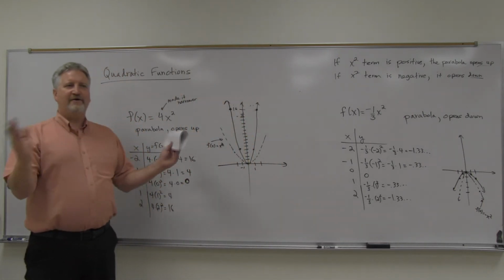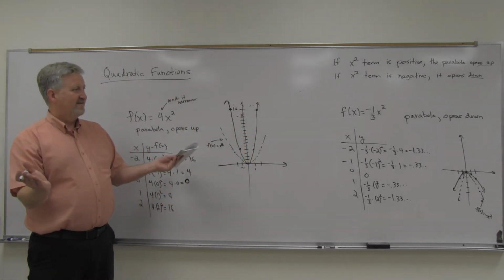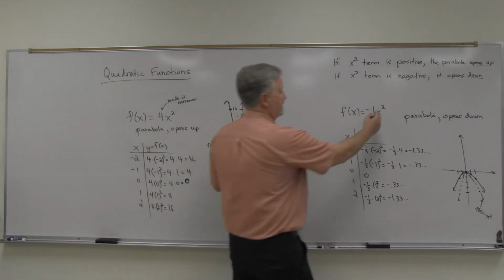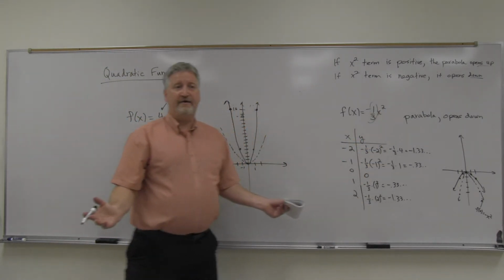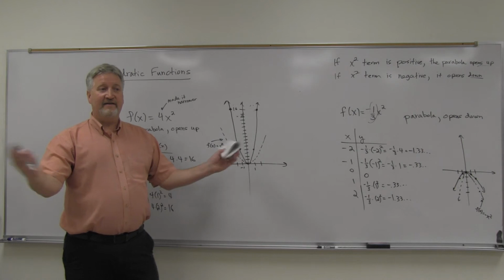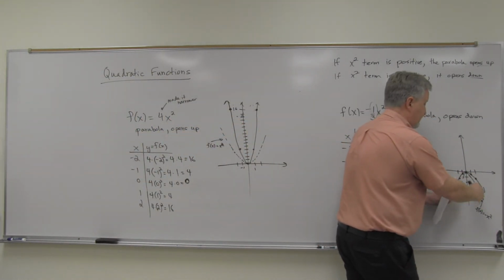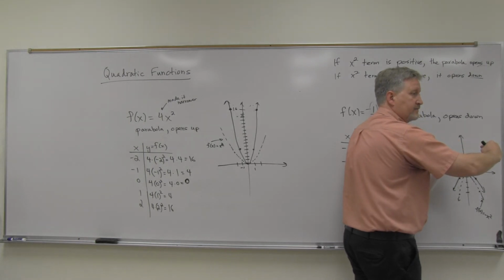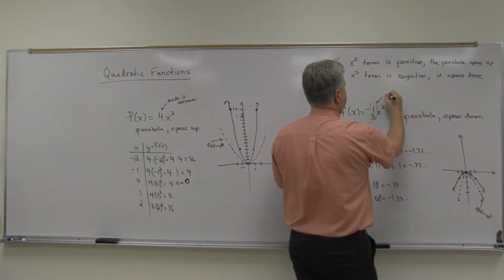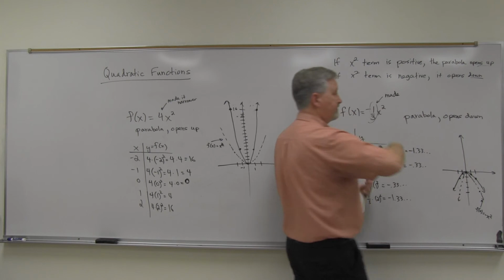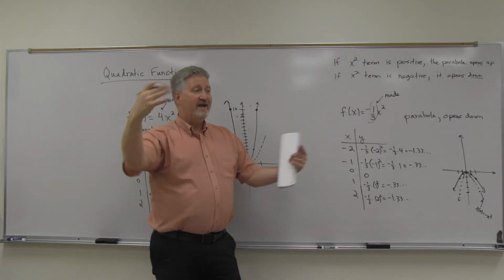How would you say wider or narrower there? Did this make it wider or narrower? It widened it out, didn't it? Compared to just negative x squared, it's made it wider. Not only did it flip it over, made it go down, now it's made it wider.